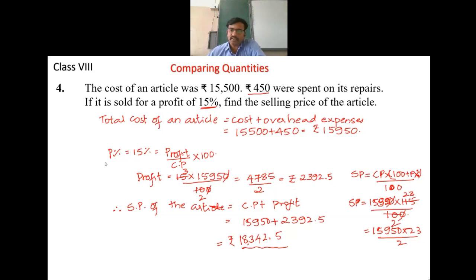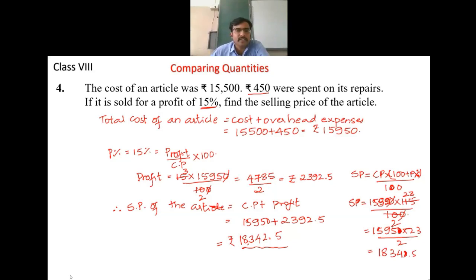When we divide that by 2, we get 183425. This is 1595, right? This 0 is not there because we have cancelled it. We get the same answer, 18342.5. How many of you remember this formula?